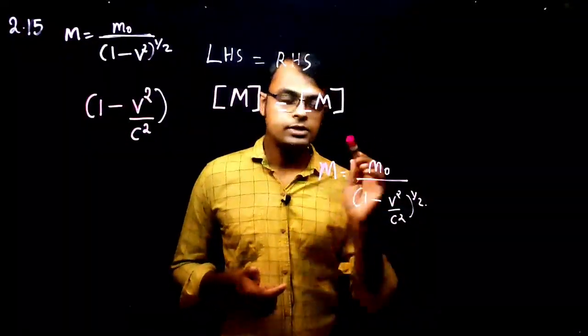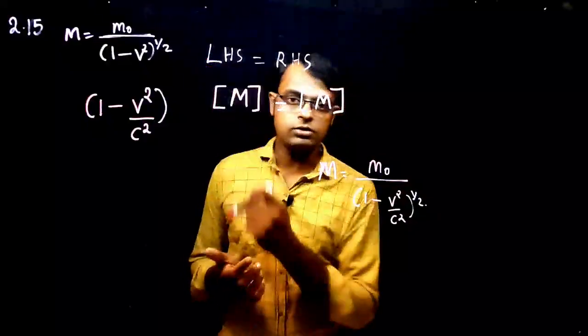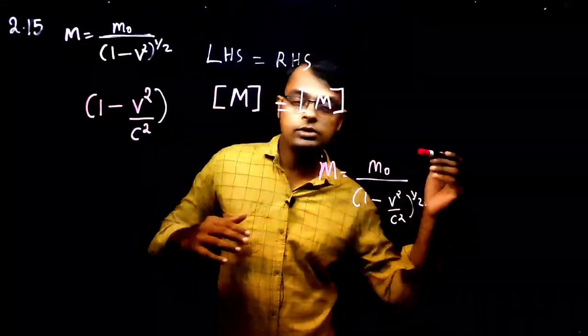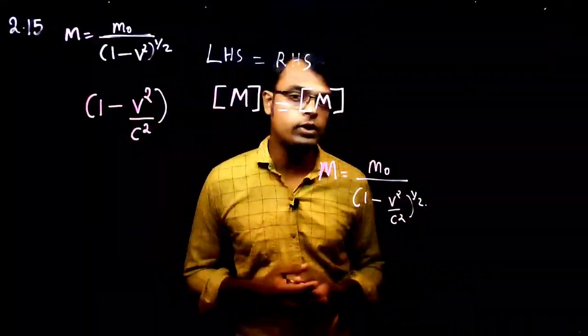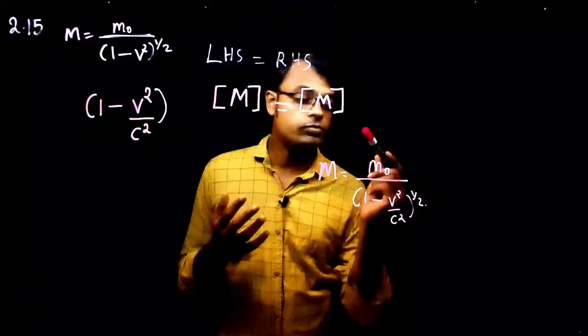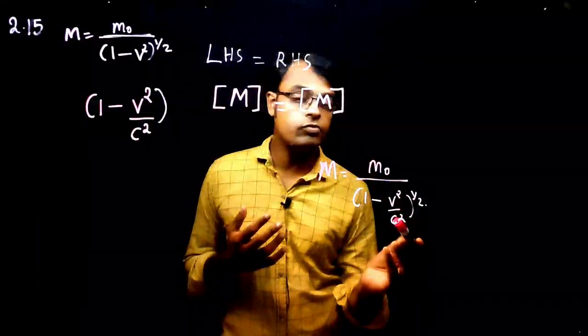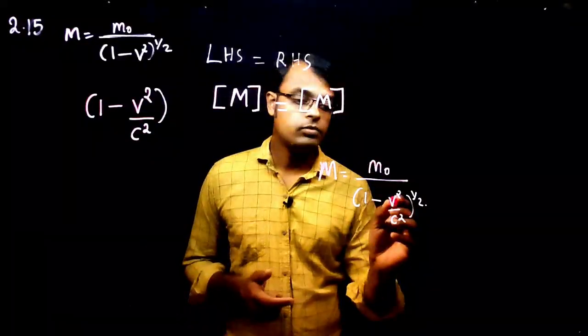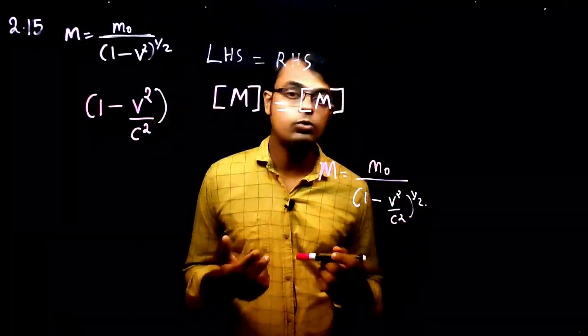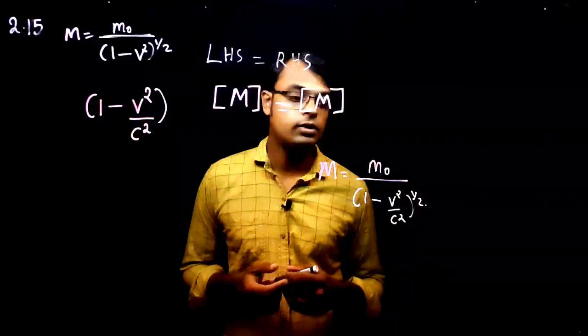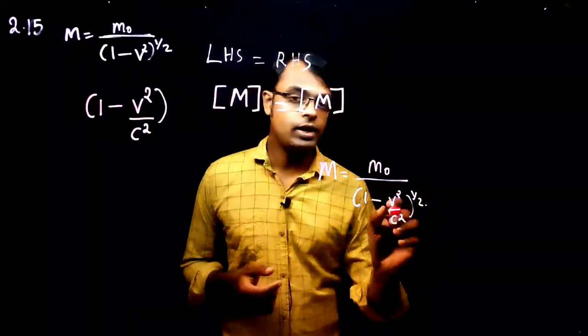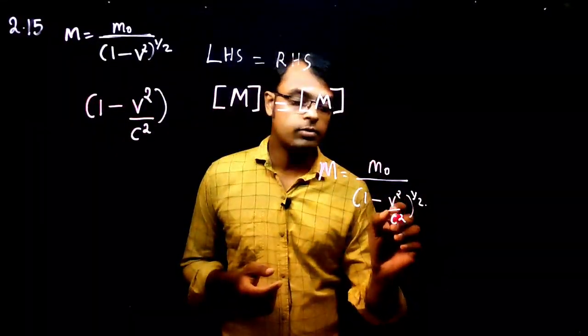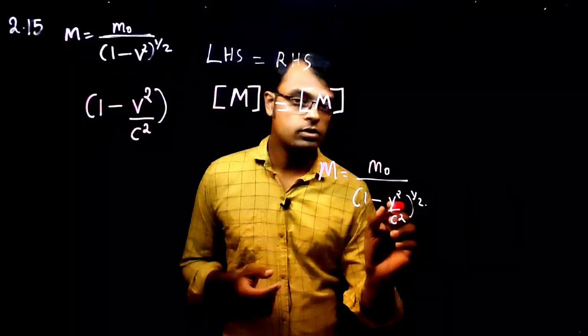Just imagine this body is now in motion, with very high speed. Imagine the speed of this particle is nearly the speed of light. What will happen? V square and c square become almost equal, so v square by c square becomes 1, and 1 minus 1 is 0.